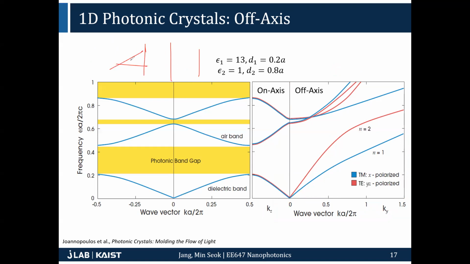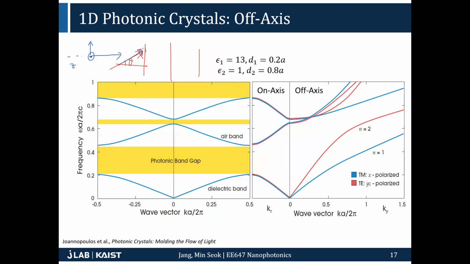And the reason is, when you have a non-zero angle of incidence, you need to start to think about the polarization. In normal incidence, it doesn't matter whether your electric field is in this direction or that direction, because the system has symmetry. So the rotation along the z-axis doesn't affect your result.